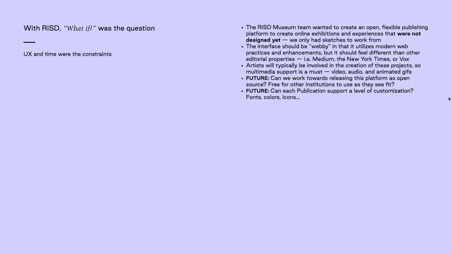Sure, that was the first thing they wanted to do, but they wanted to open source this platform. They wanted to make it available to Harvard, to Yale, to other museums, to smaller universities, to larger ones, because they knew this could be a powerful way to publish content on the web without a lot of guardrails, again. So that was in the back of their minds, but we weren't really sure how to solve that problem yet.